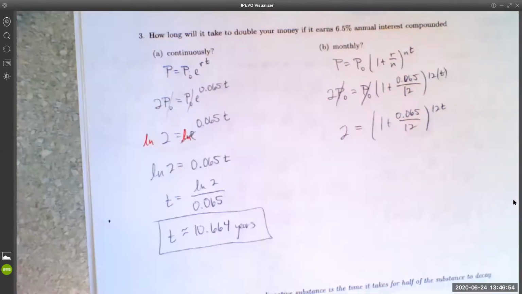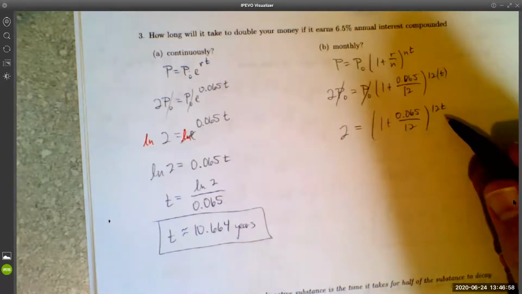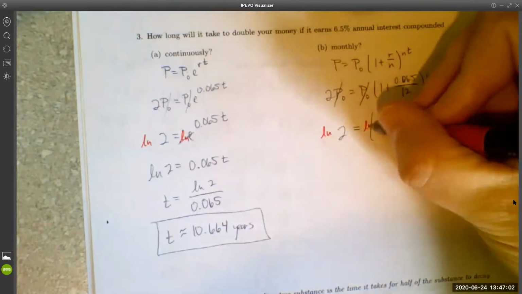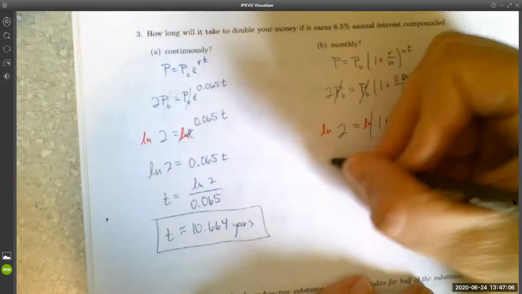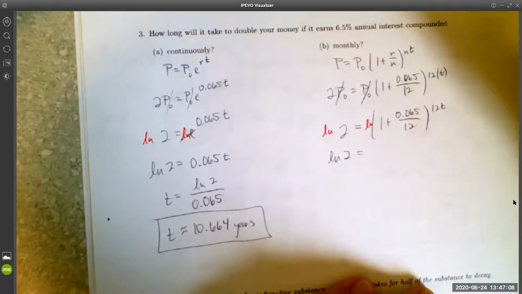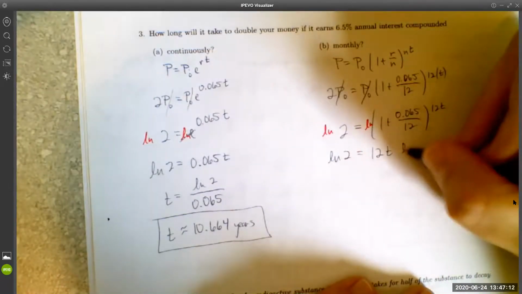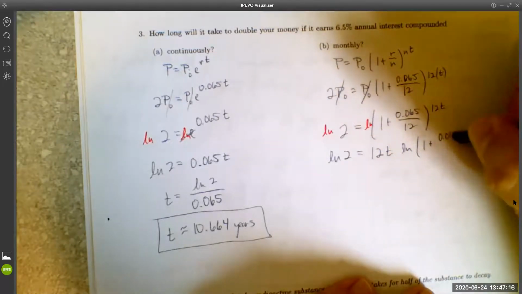Now, if I want to get this exponent down, I'm going to take a logarithm. So I'm going to take the natural log of both sides. So ln 2 equals 12t times the ln of 1 plus 0.065 over 12. Now, I want to solve for t.